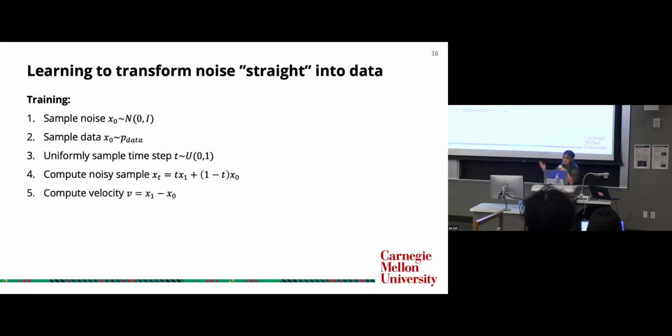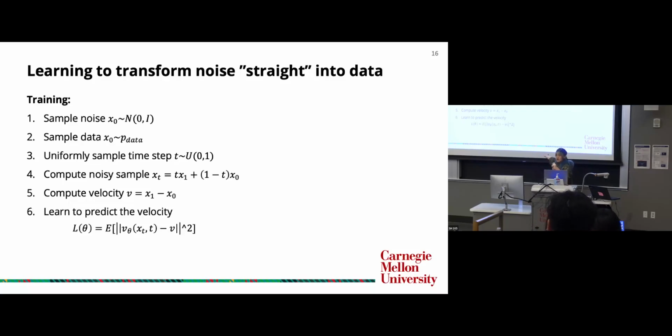And then you compute the velocity, which is x1 minus x0, just data minus noise. And then you learn to match this velocity.